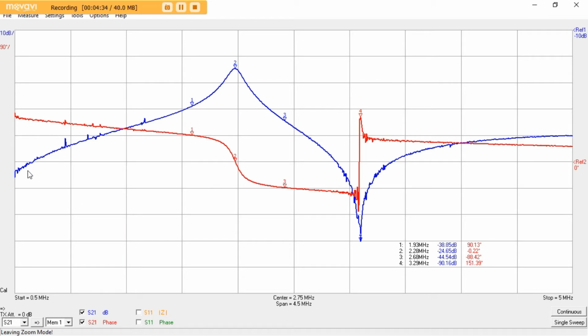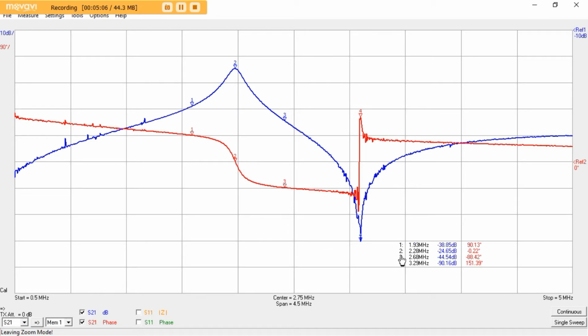And the blue trace here is the transmission gain in decibels, and the phase obviously associated with that. First of all, we see this peak here at marker 2. This is obviously the series fundamental resonant mode for the secondary coil.